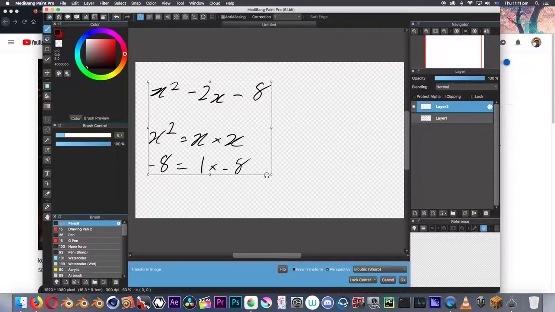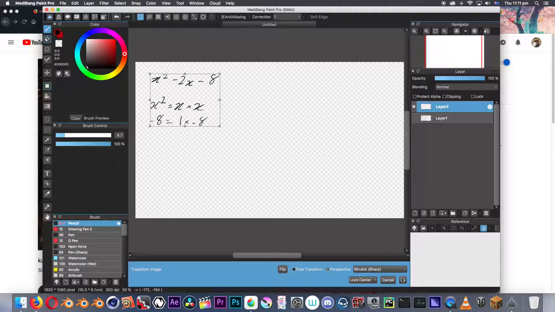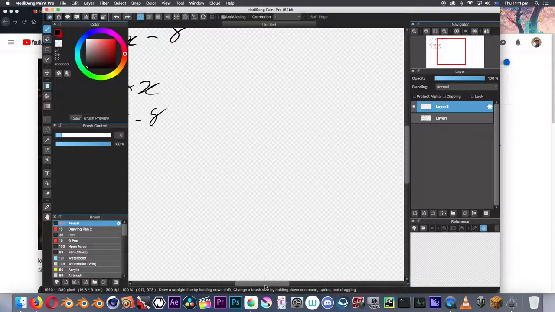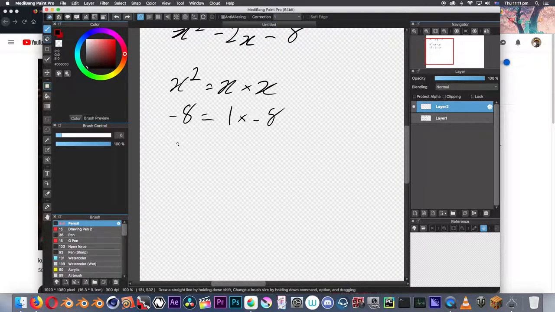So let me just roll this real quickly so we get more space. Let's turn down my brush, and we're going to zoom in to compensate for the small size. Much better. It also equals the opposite, obviously. We can also use -2 times 4.